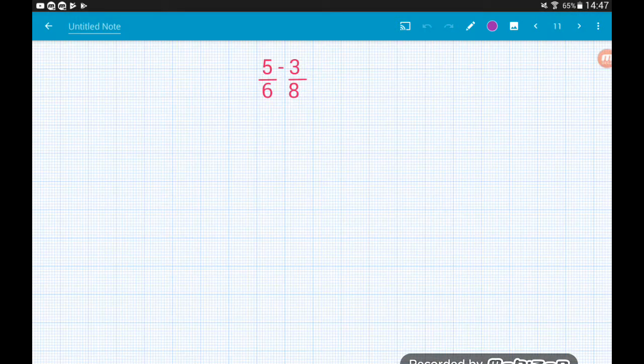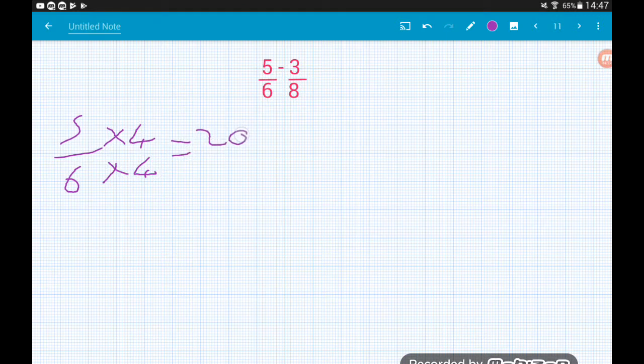Okay, let's look at one more. So 5/6 minus 3/8. So the lowest common multiple of 6 and 8 here is actually 24. So with the 5/6, we're going to want to multiply by 4s. So 5 times 4 is 20. 6 times 4 is 24. And then with 3 eighths, we're going to multiply that by 3.